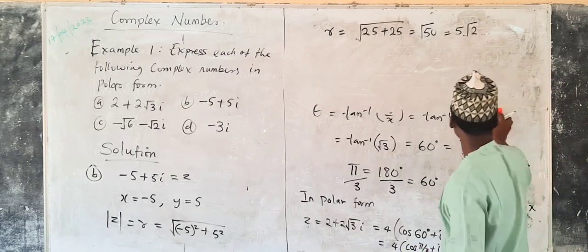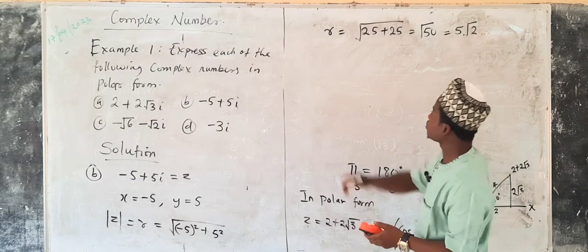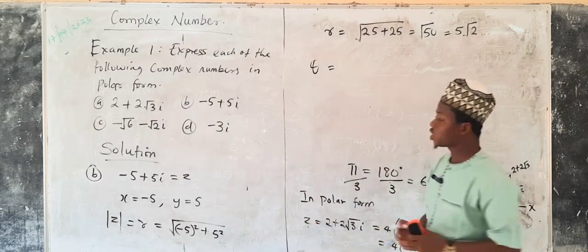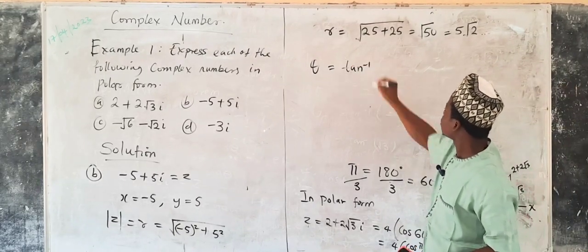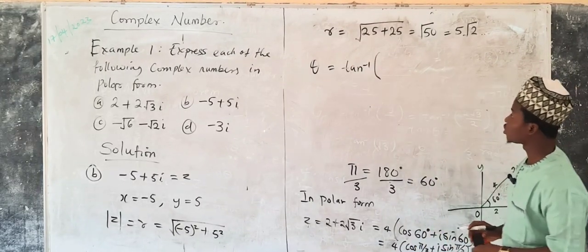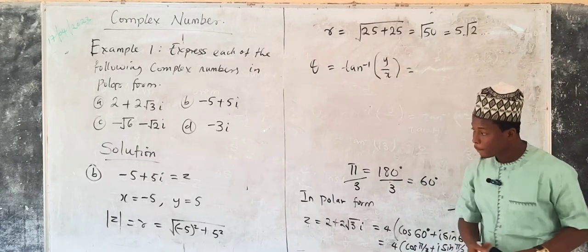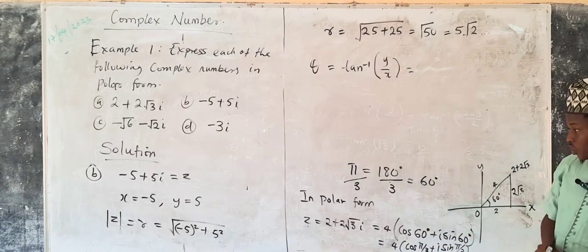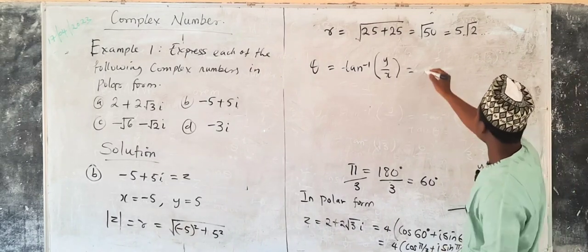Now the argument of the complex number, theta, is equal to tan inverse of y over x. What is our y? Y is minus 5? No, y is 5, right?